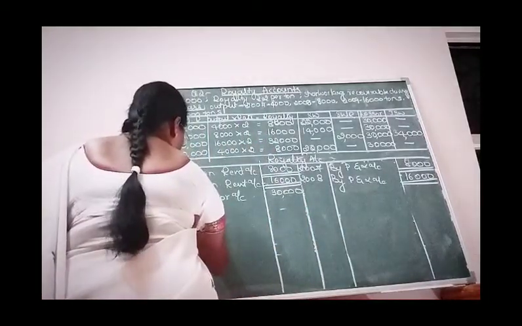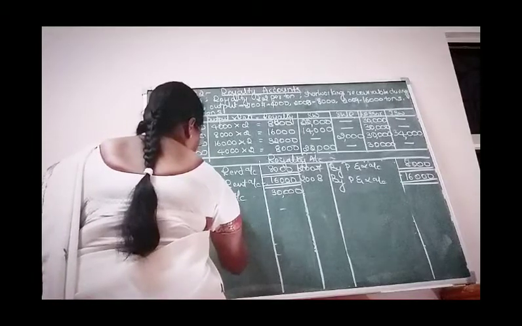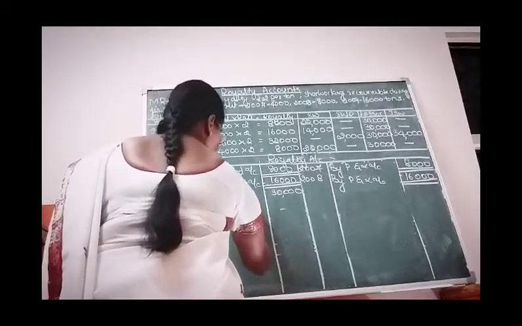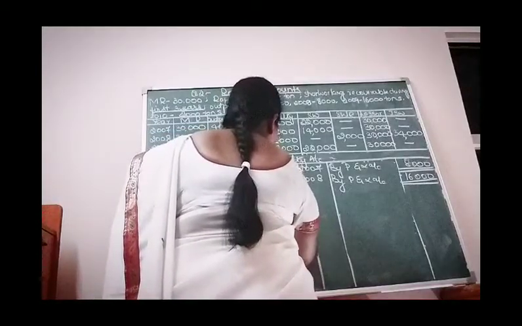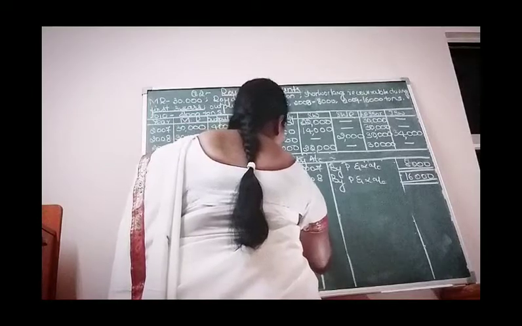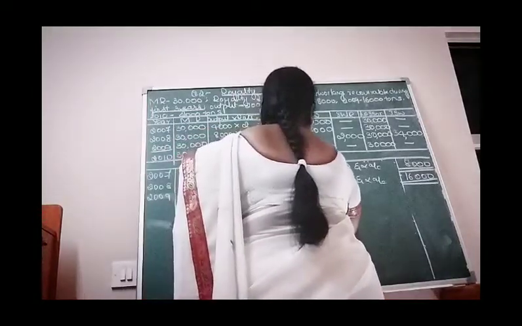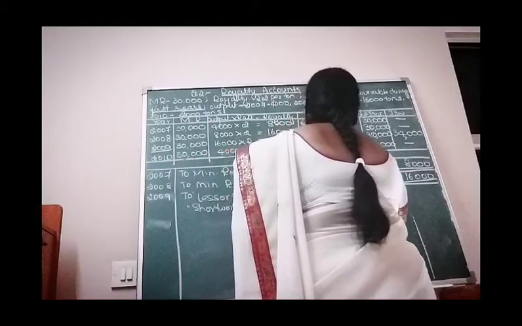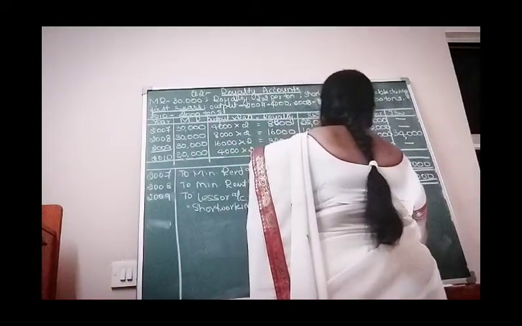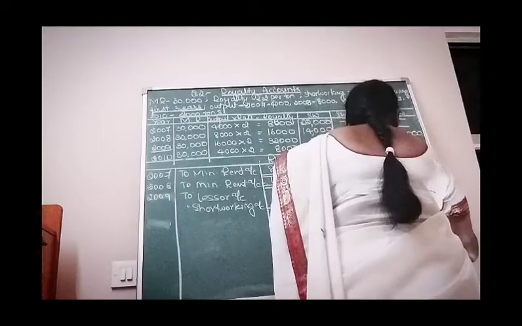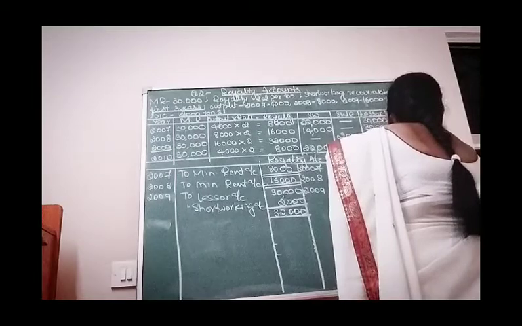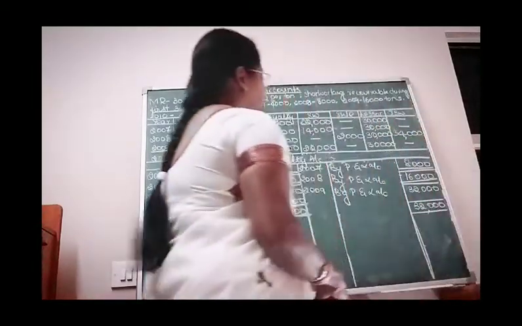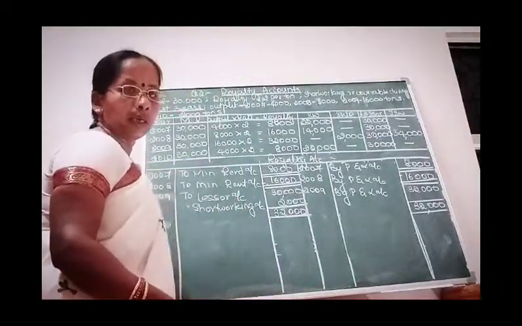Out of this 32,000, we are recovering short working also for rupees 2,000. That makes the total 32,000. End of the year, again we transfer royalty. Whole amount of royalty will be transferred to profit and loss account with rupees 32,000. This is for the third year.